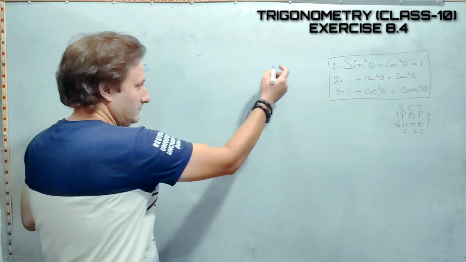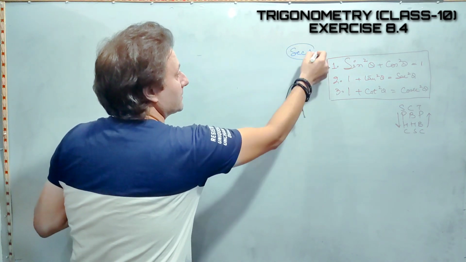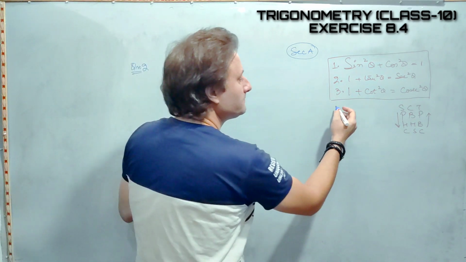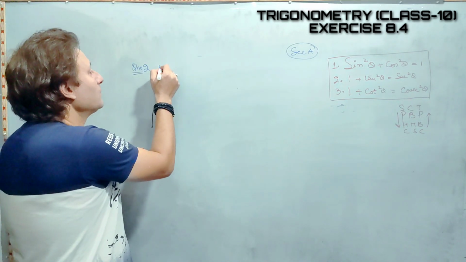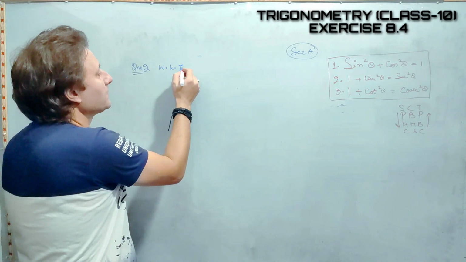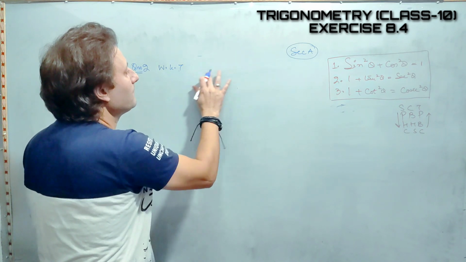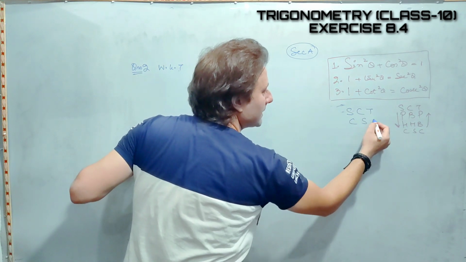So whatever answers I will get, it should be in this. Okay, so if you remember, I'll write it here itself. We know that sine, cos, tan, cosec, sec and cot.